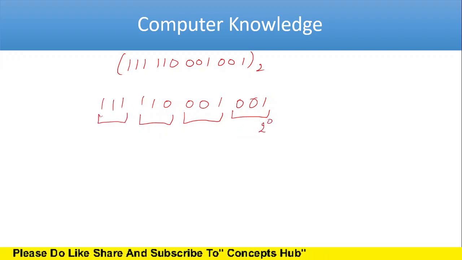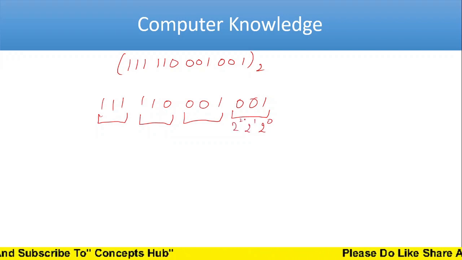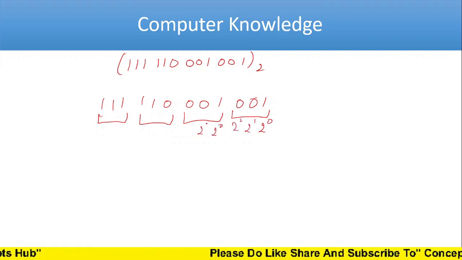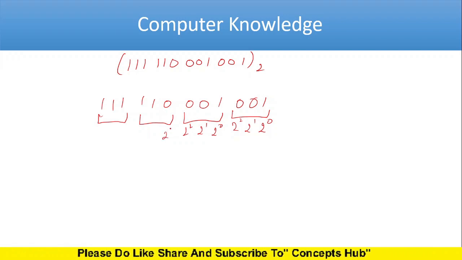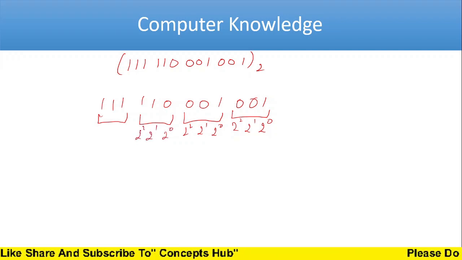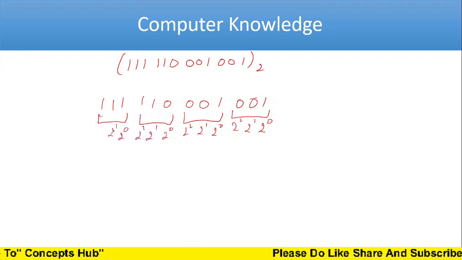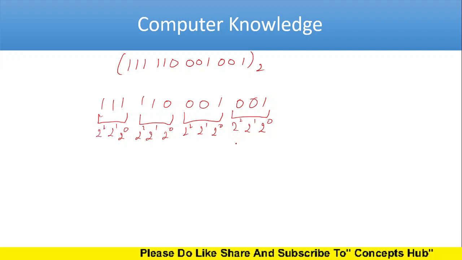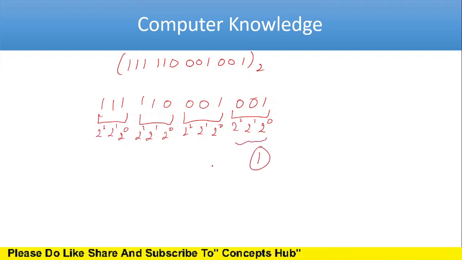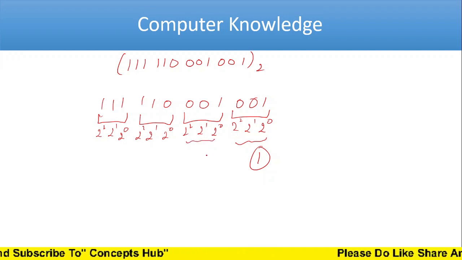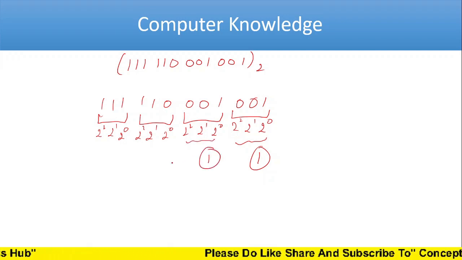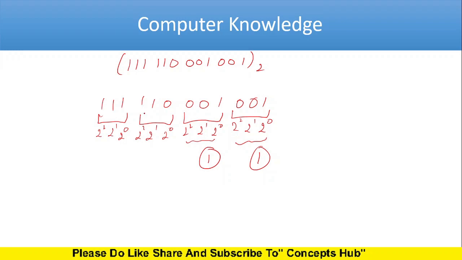Here also, 2 to the power 0, to the power 1, to the power 2, for each group. So what will you get here? 1. And here also it's 1. Here it is 2 and here it is 4.